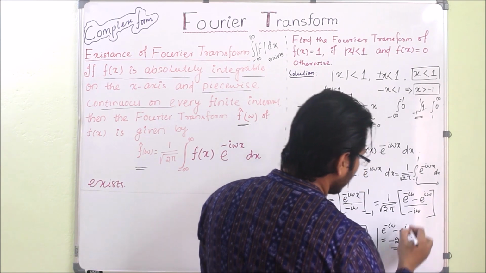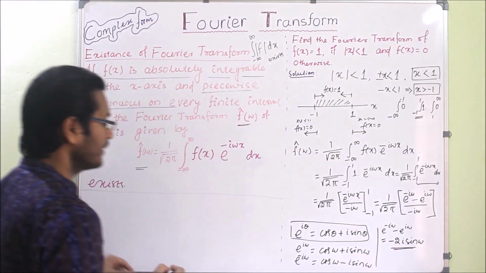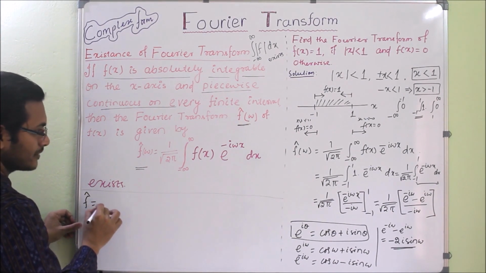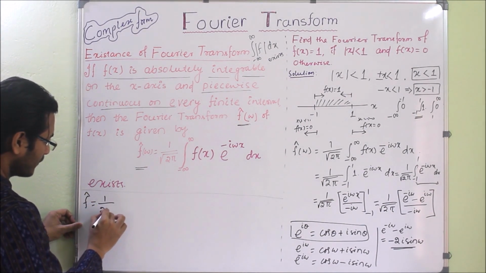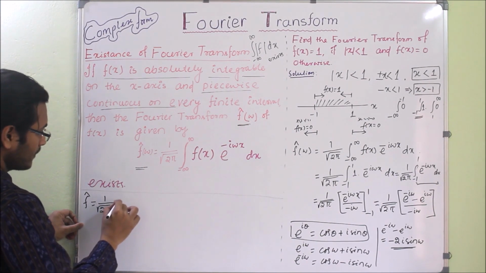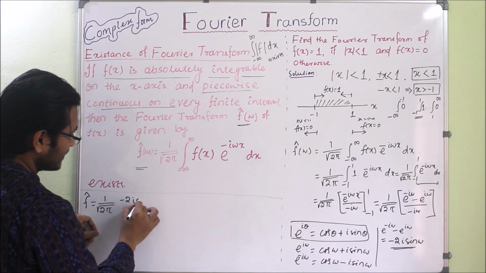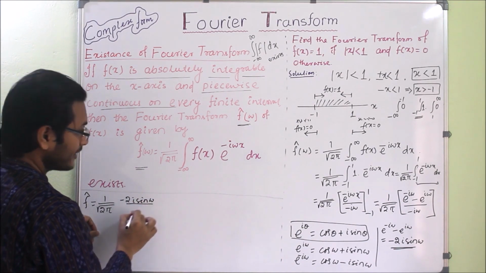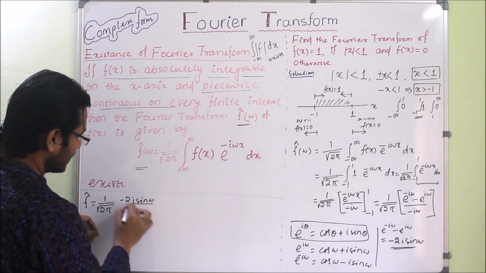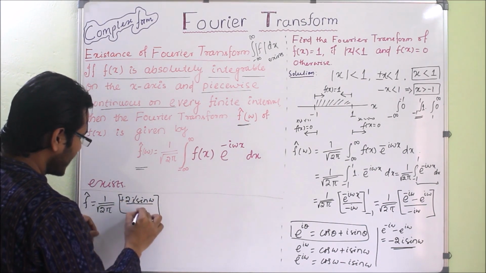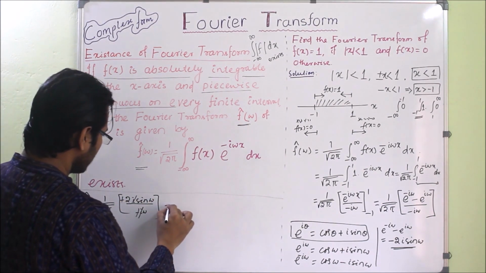So if I put that here, what will the answer be? We'll get this f cap answer as 1 by square root of 2 pi, whole into minus 2i sin w divided by minus iw. So the minus will cancel, i also cancels.